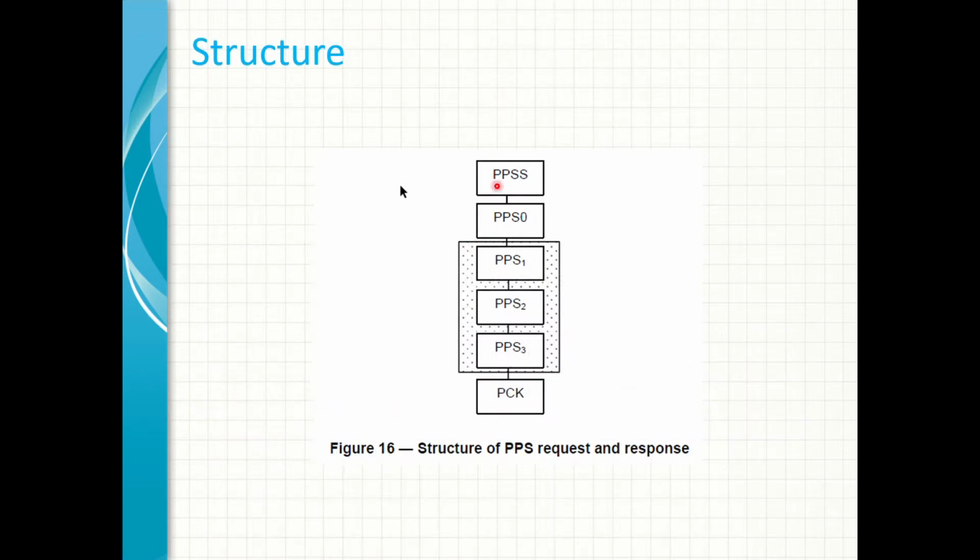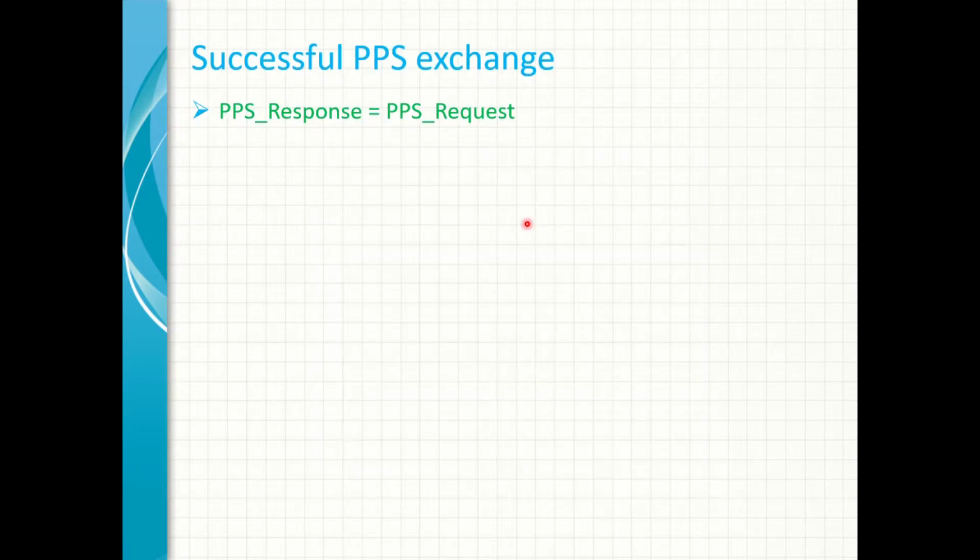So like I said, this is how the structure looks like, and the response also looks like this. So you have the initial byte, then the format byte that defines if these optional bytes exist, and then the PCK byte, which is just the checksum, and that is the exclusive OR of all the existing bytes. The rule for a successful PPS exchange is very simple.